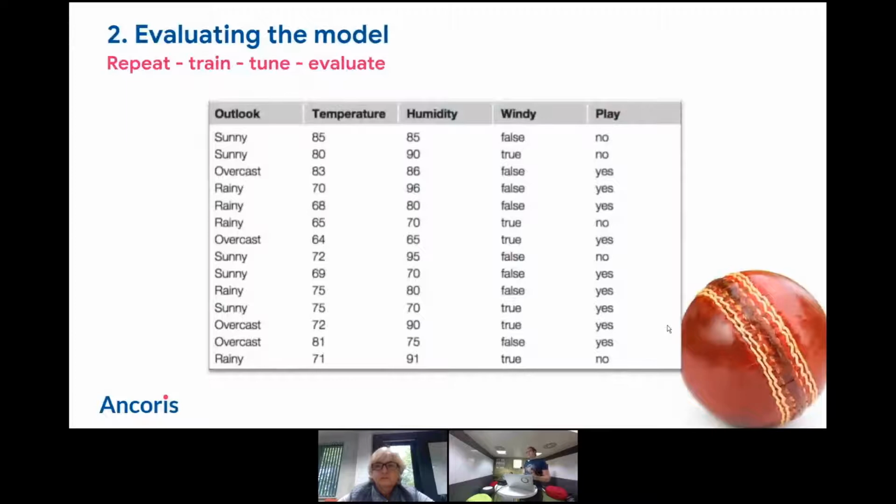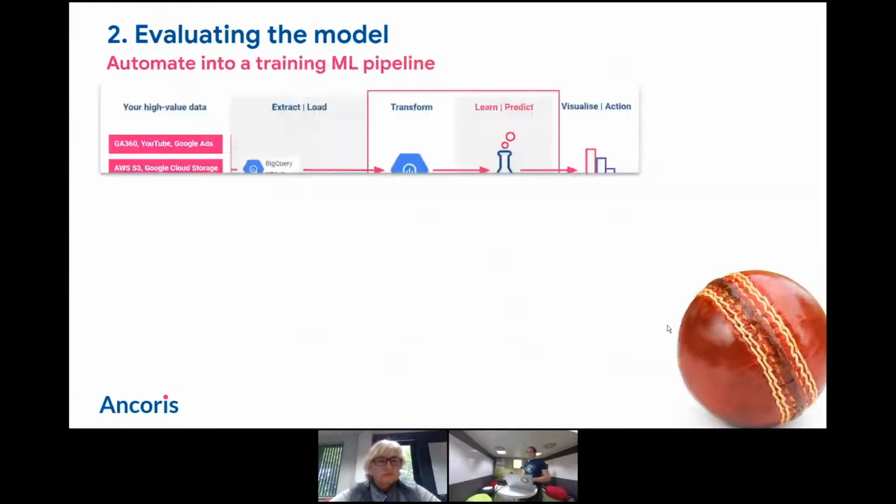And then at a high level, what you're doing as a data scientist is repeating this process. You're training, tuning, which means tweaking hyperparameters, which we'll touch on a bit later, and then evaluating it. And you repeat this process until you get a model of sufficient accuracy and performance. But that's the high-level process.